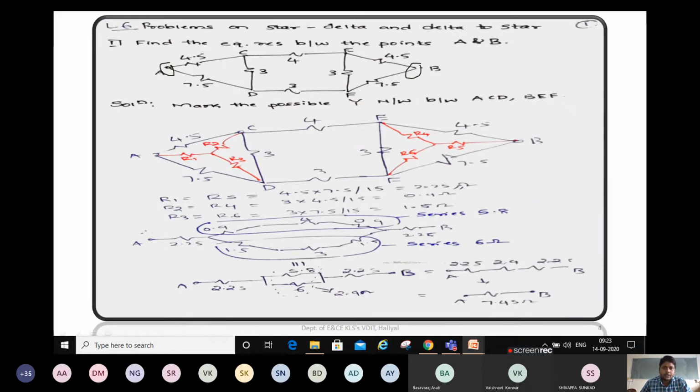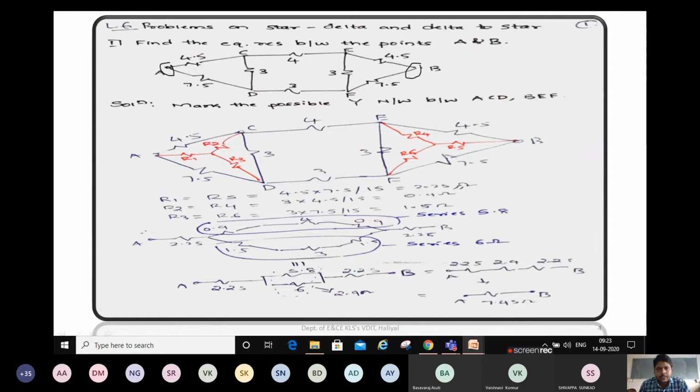Whatever calculation has to be done, we have to carry out here. At point A, if you start, we have a 4.5 ohm resistor, then 4 ohm resistor, again 4.5, then 7.5, then 3 ohms, 3 ohms, 3 ohms here, and 7.5 ohms.